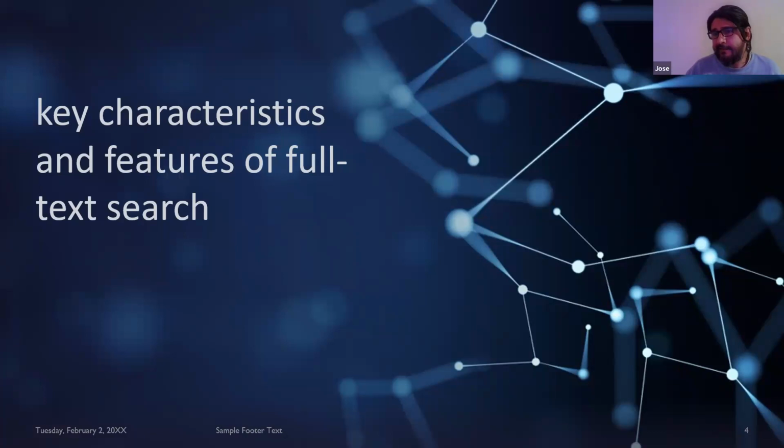What are the key characteristics of using full text search? Let's see. First is indexing. You have a separate index for your objects and your values that is not your relational database. The indexing process can be heavy and can take time and a lot of resources.